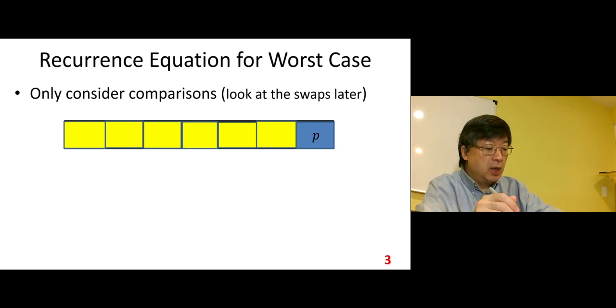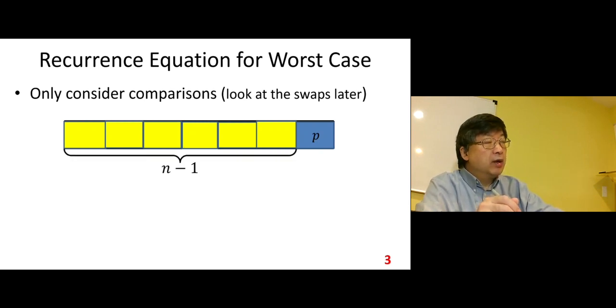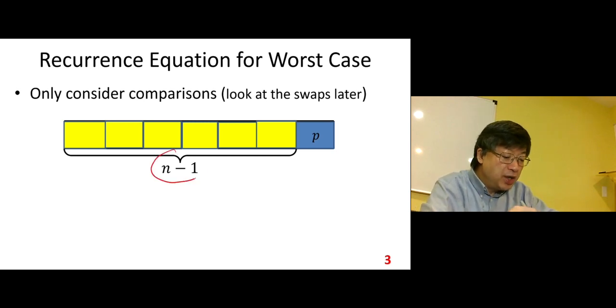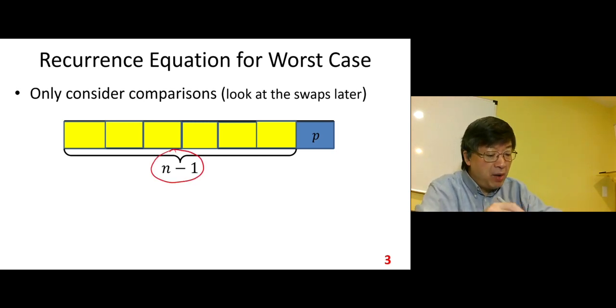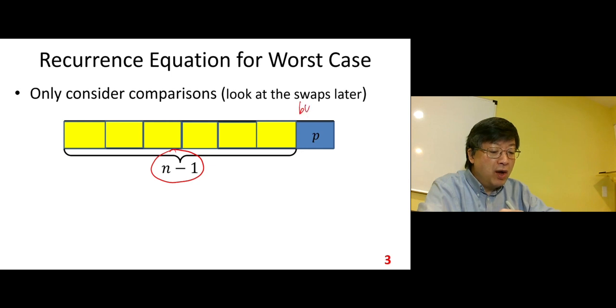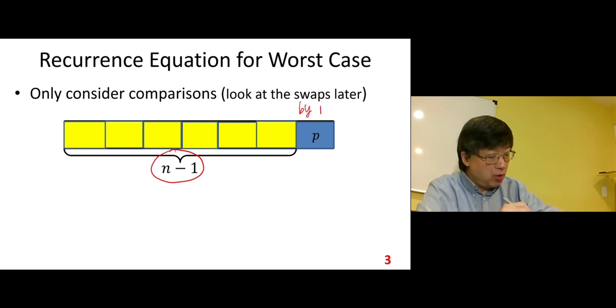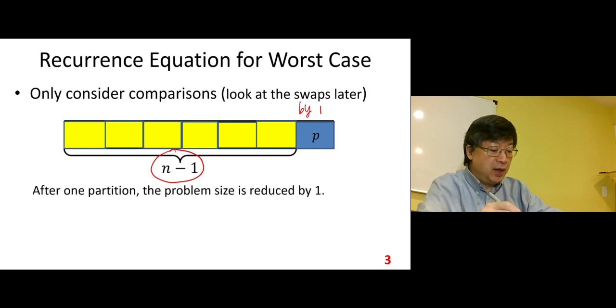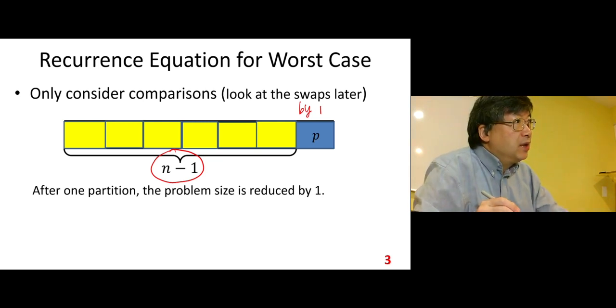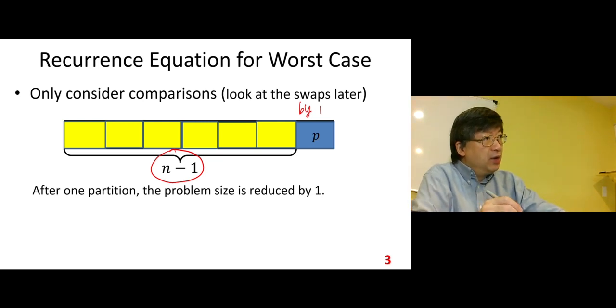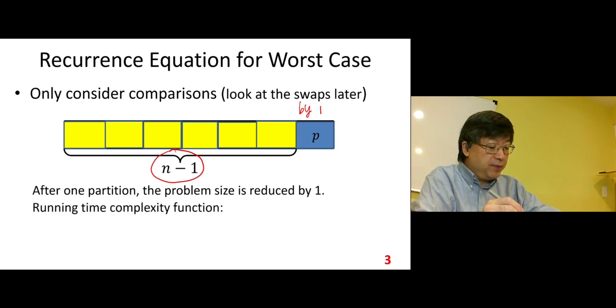Here the problem size reduction after one partition is only by one, one size smaller than the previous one. That's very slow. But we can get a recurrence relation in this way.